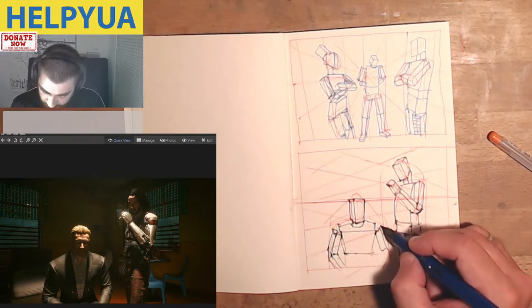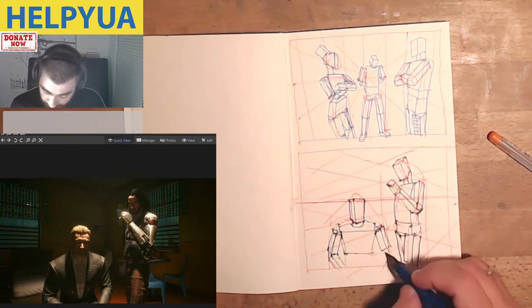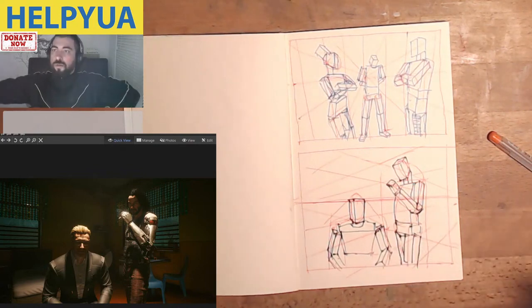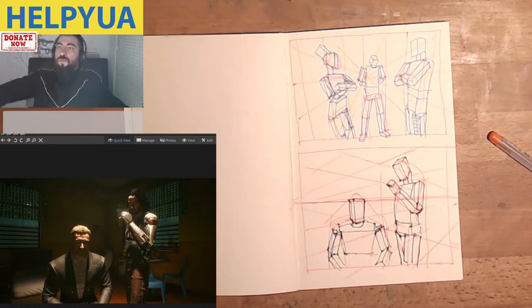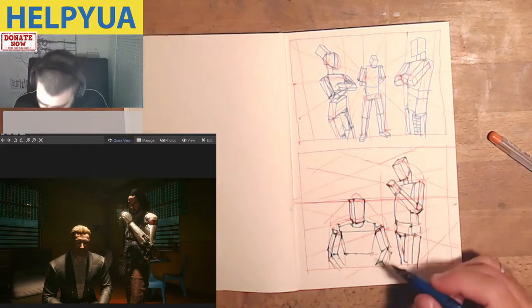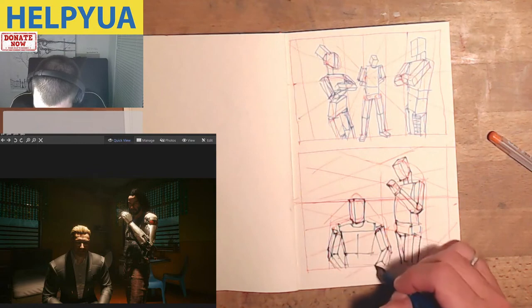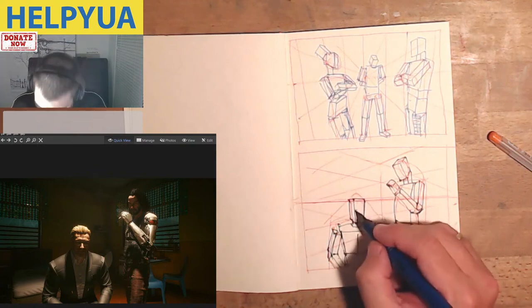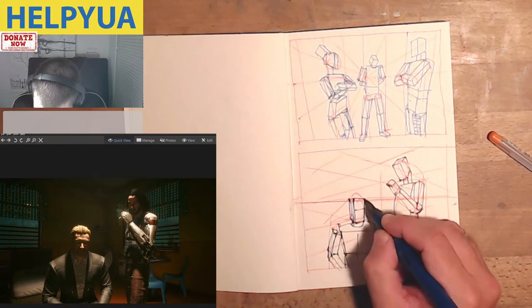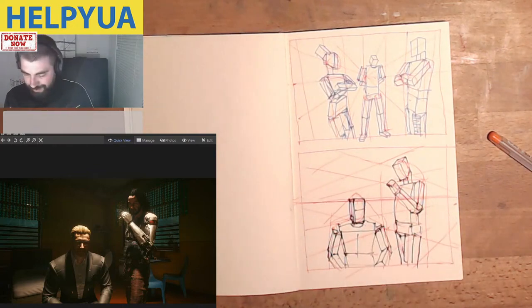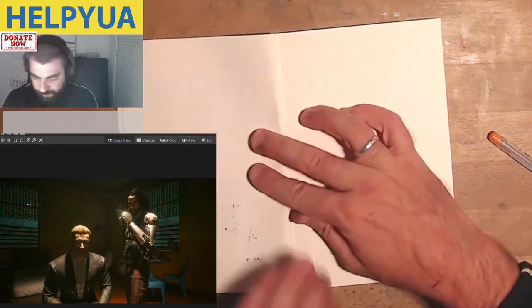Here's his biceps. As I say, you see, it's at a little like 45 angle. It's not just like this. This picture is really bad.